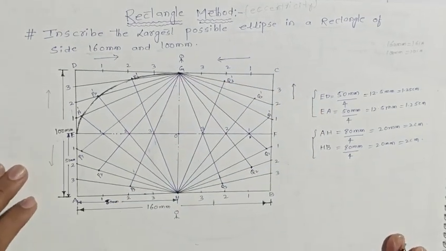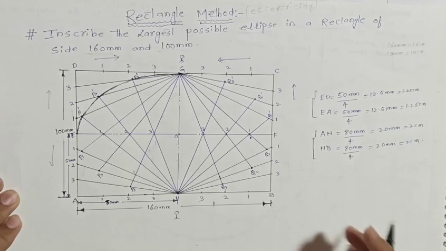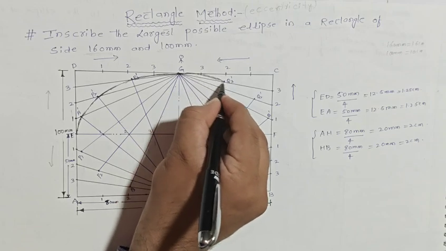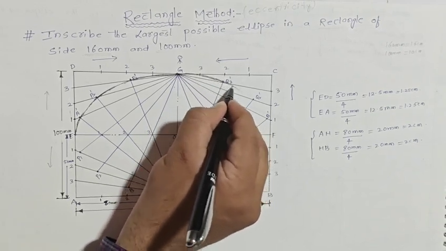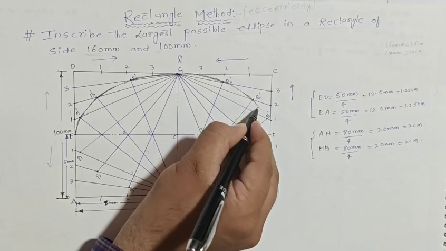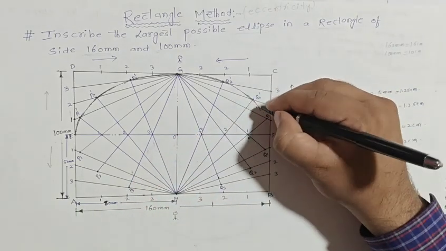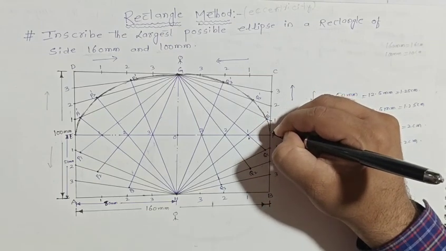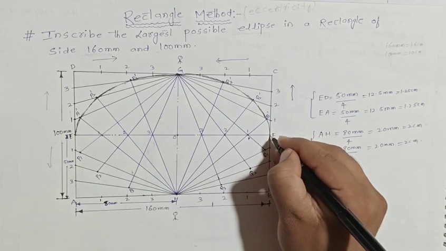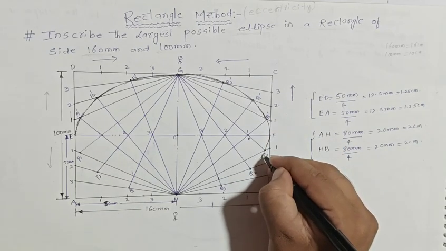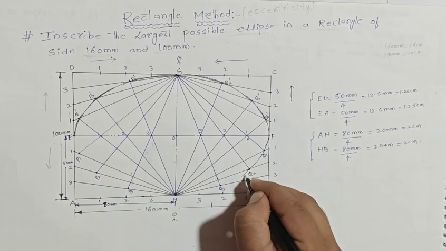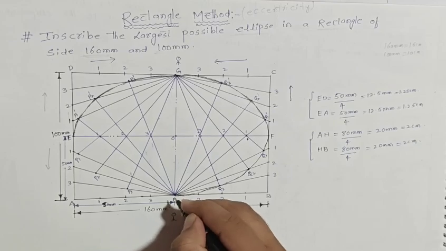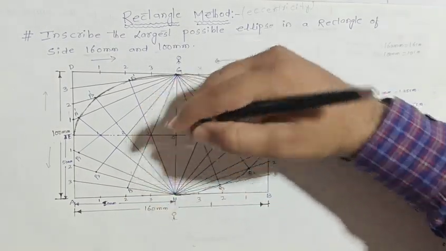Again from G point to Q3 dash, Q3 dash to Q2 dash, Q2 dash to Q1 dash, Q1 dash to F. Again same thing we have to continue from F to Q1, Q2, again Q3 and H. Again we have to join the points. Clear?